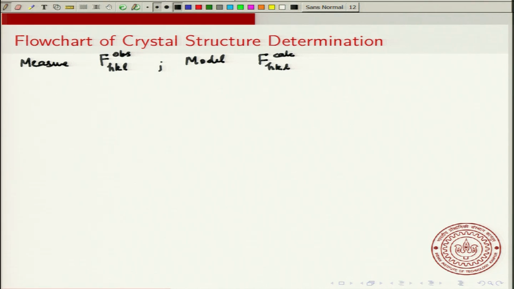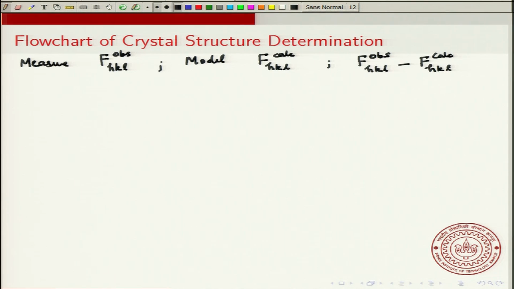You look at the observed structure factor minus the calculated structure factor, and you try to minimize this difference, make it as small as possible, so that you can say whatever you calculated is what is observed, and then you conclude what the structure is.